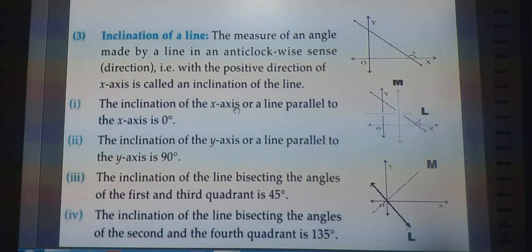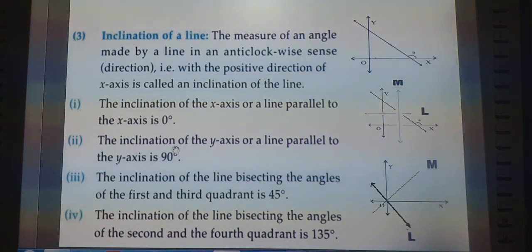The inclination of x-axis or a line parallel to x-axis is 0. That means if we see the inclination of this x-axis with itself, it is 0. And if we consider a line, here we consider line capital L, which is parallel to this x-axis, then inclination of this line L, which is parallel to x-axis, is also 0.